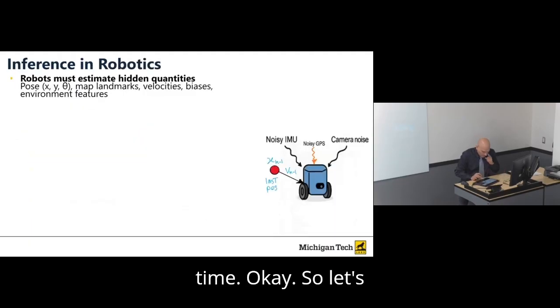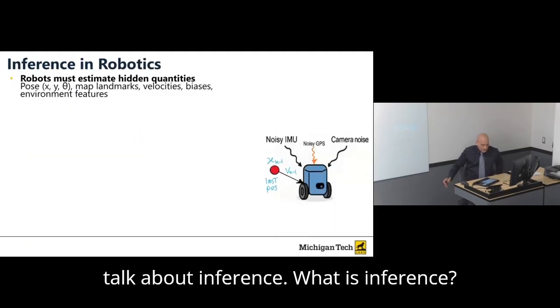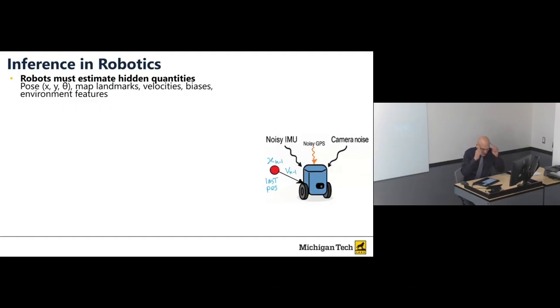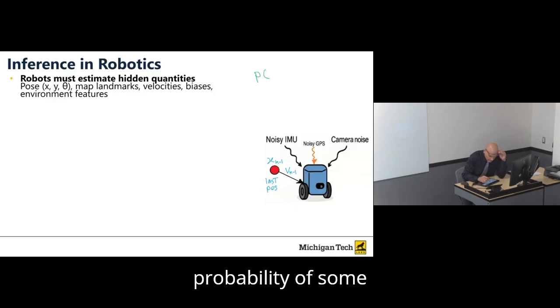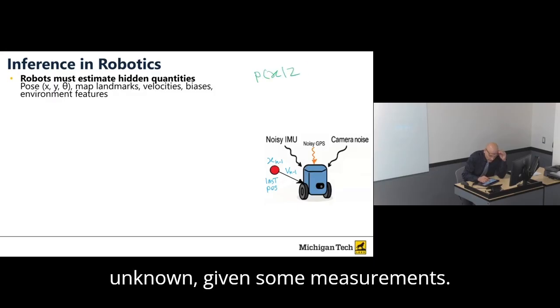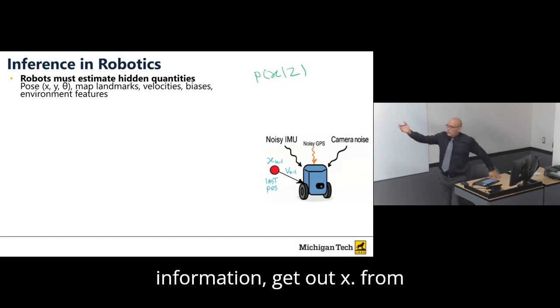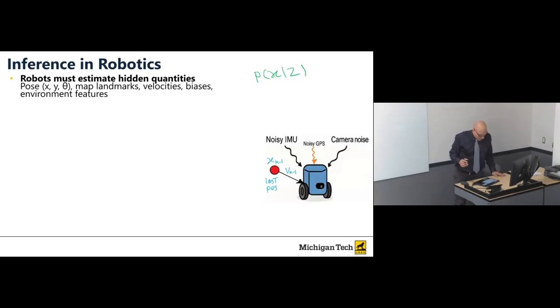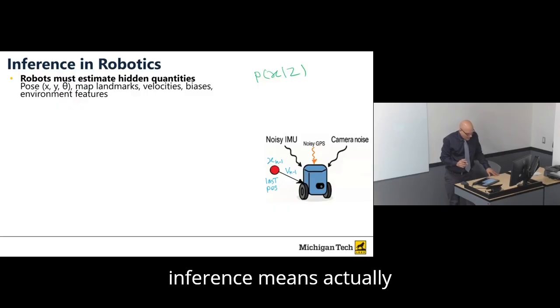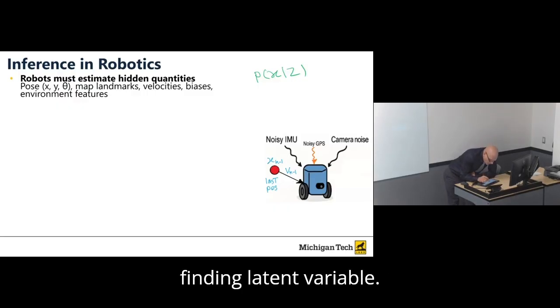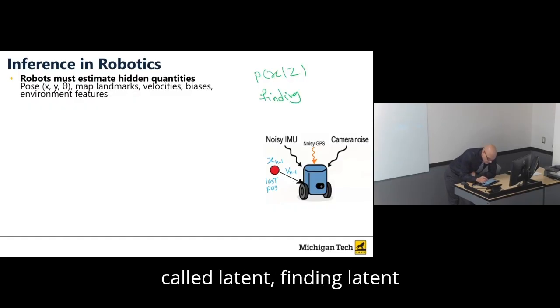So let's see if we can understand this in the remaining time. Let's talk about inference. What is inference? We have the probability of some unknown given some measurements. Inference means getting information out, getting X out of this probability. Inference means finding the latent variable. This unknown variable is called latent.